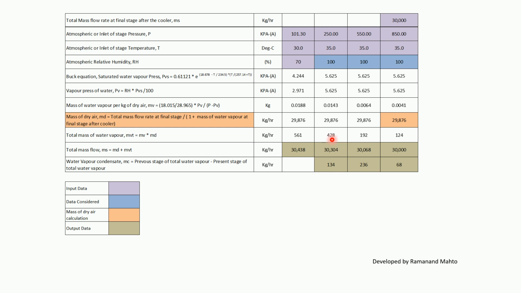Similarly for this case, 428 minus 192 becomes this, and for this case 192 minus 124 becomes 68. So with this we have calculated the total flow rate in each stage and the condensate recovery.